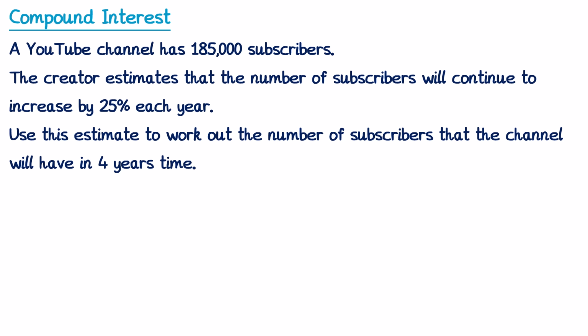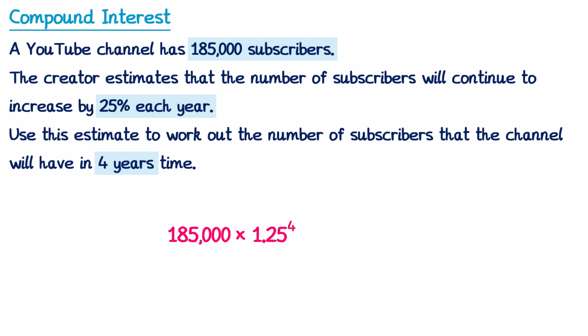So in this question, we start with 185,000 subscribers. This is sort of like the initial investment in the compound interest calculation. The creator estimates that this will increase by 25% each year, so that's a bit like the rate of interest. So we would multiply this by 1.25 to increase it by 25%. This will then happen each year for the next 4 years, so we would do this to the power 4.